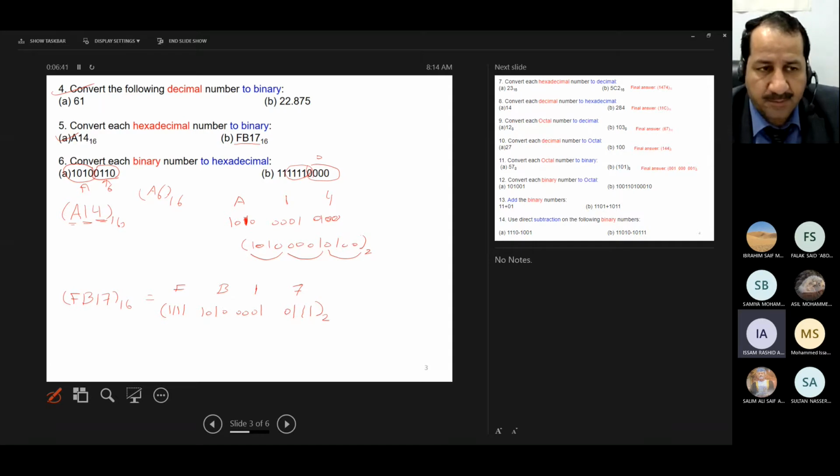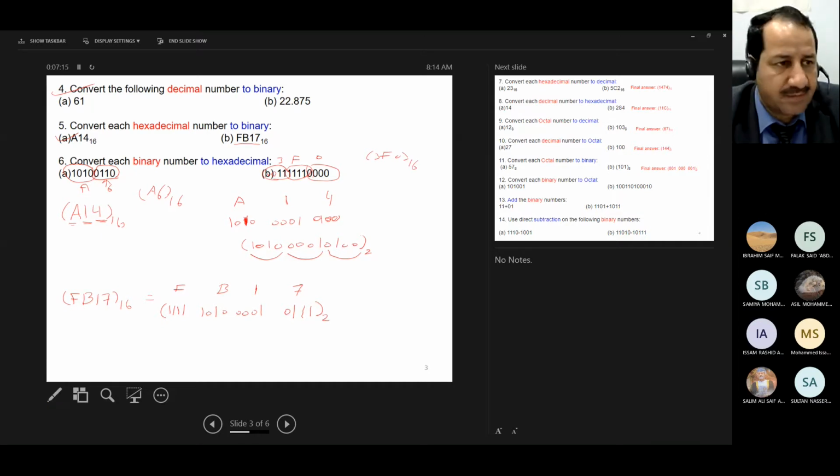What do you think? It's F, it's 15, right? 1 plus 2 plus 4 plus 8, 15. Now, I have here 2 ones. I need to add to the left another 2 zeros to make it 4 digits, to represent it by 3. So the number will be 3F0. Excellent. And this is 16 bits.